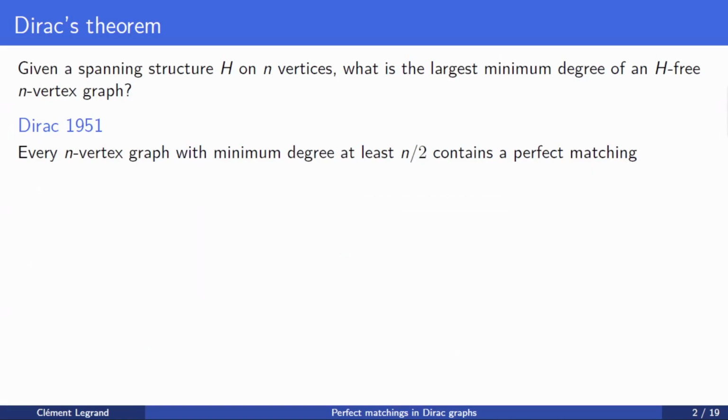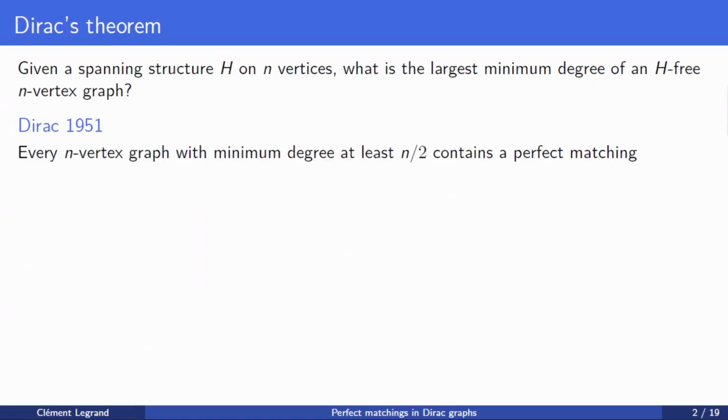For Dirac-type problems, we have some spanning structure H on n vertices, and we're asking what is the minimum degree of G such that G does not contain H inside. When I say contain, it's not as an induced subgraph, of course, because this would not make much sense. It's just as a subgraph.